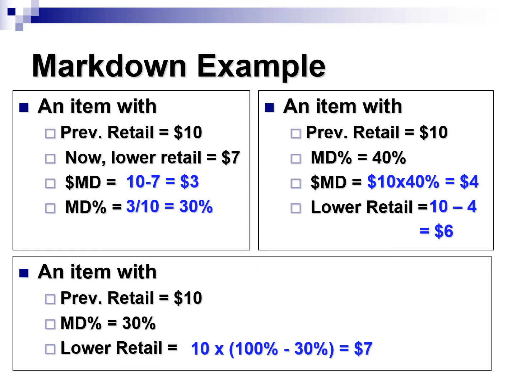Some of you might have just done what we did previously. So in your head, you calculate the dollar markdown first. 30% of $10 is $3, and then you subtract that dollar markdown from the previous retail. So 10 minus 3 will be 7. You might have done it that way. Or we had the last formula from the previous slide, when we said lower retail equals previous retail times 100% minus markdown percent.